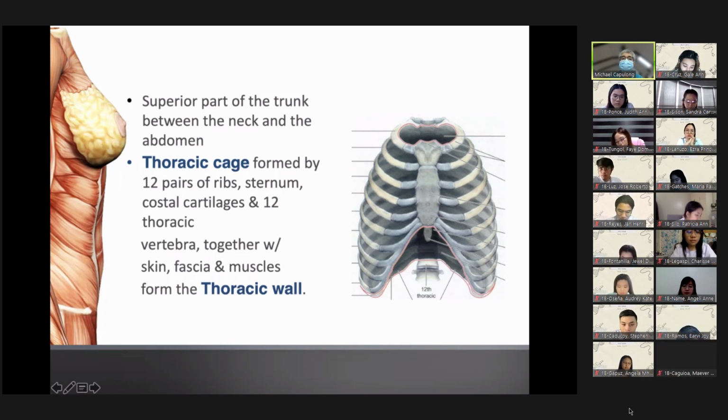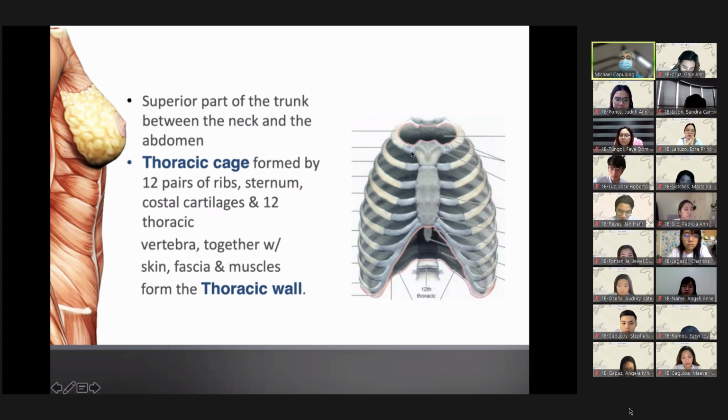Okay. Now, here in the front, of course, your ribs will not directly come into contact with the sternum. You have the presence of your cartilage, so soft bone, that will actually connect your rib to your sternum. As you go along, as you go down, you see some modifications.